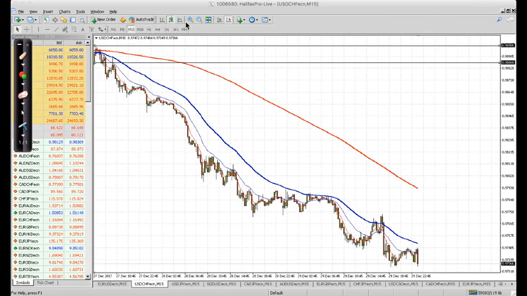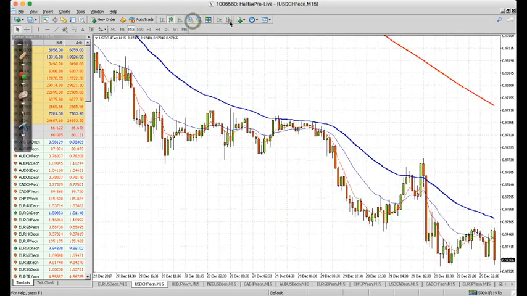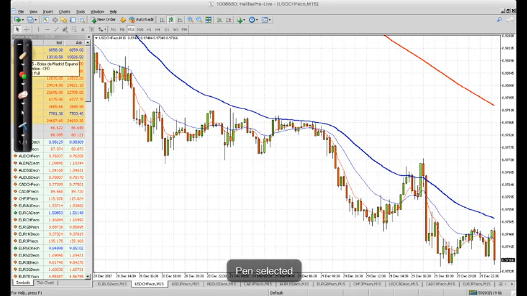So let me give you an example of what I mean, right? So let's imagine the price is moving up here, okay, and you see it's a very clear downtrend. You're looking to short, right, to sell here.